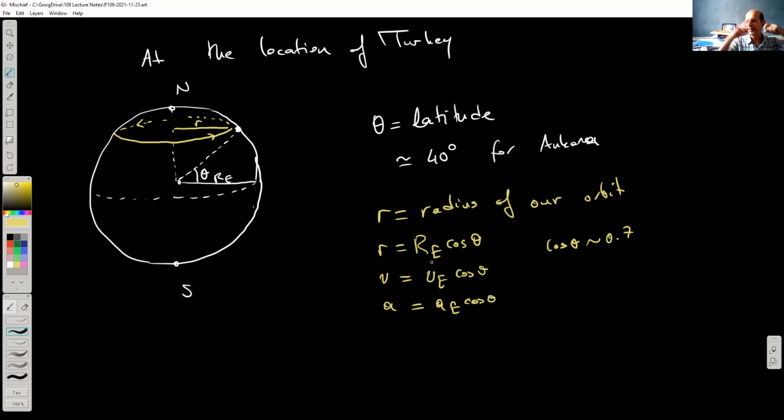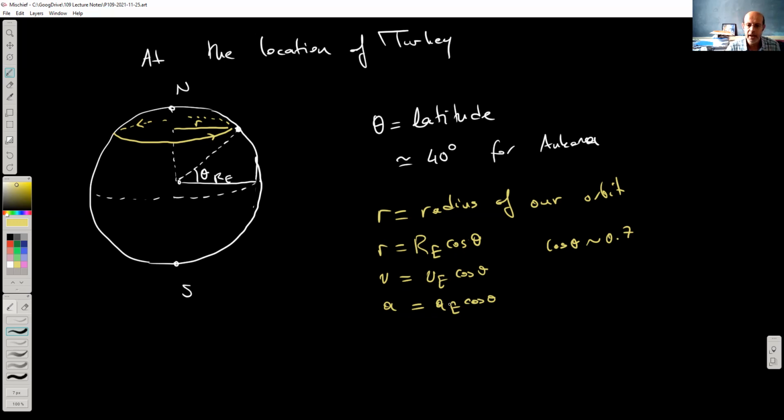Because the times are still the same, and all of these distances, velocities and accelerations, if you look at their units, are meters per second or meters per second squared. They are essentially proportional to the length dimension. So if I scale the length by cosine theta, all of these are also scaled by cosine theta. But if you don't believe me, then you can do the calculation and see that that's the case.